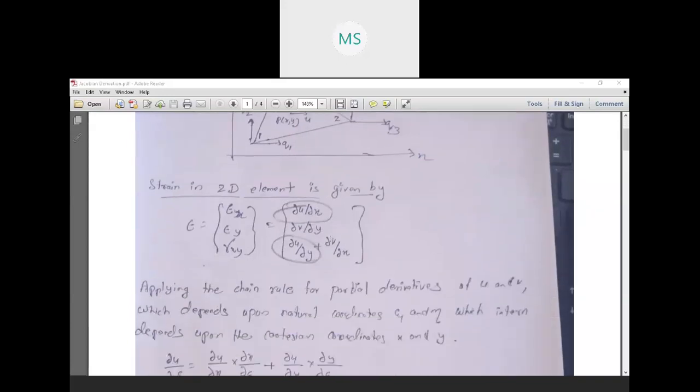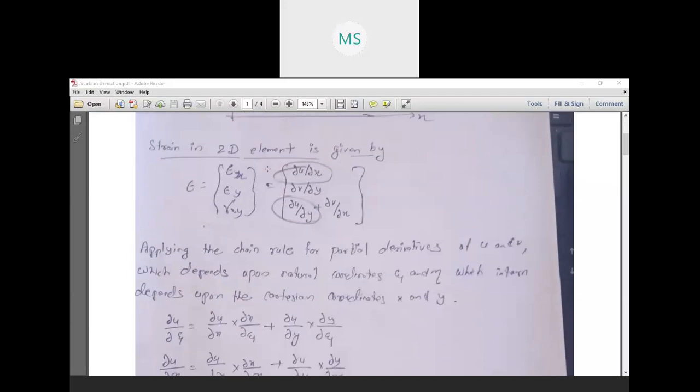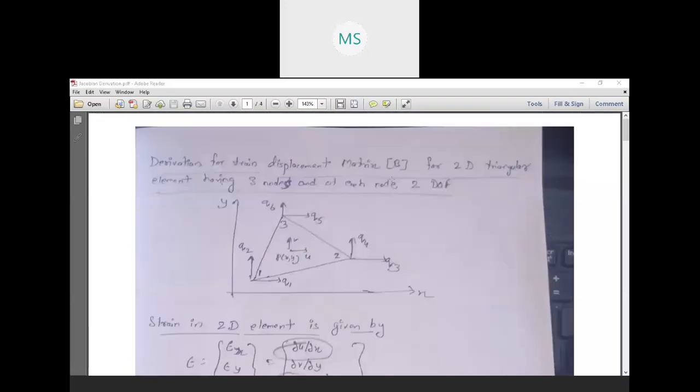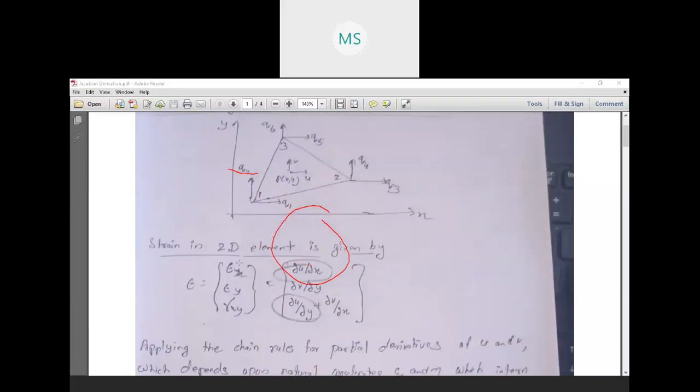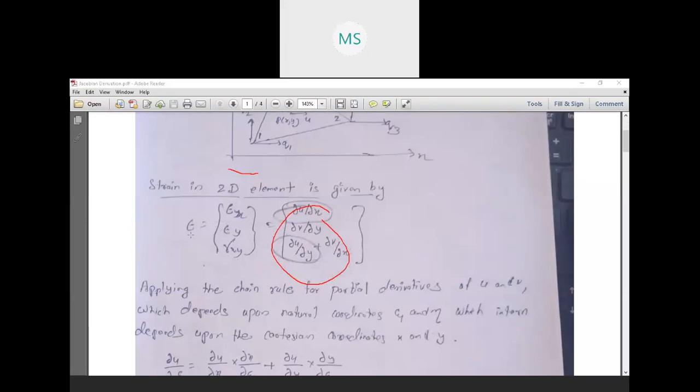Okay, now let us start. Now you can see here, first sentence: strain in a two-dimensional element is given by. So if you want to find the strain displacement matrix, first thing you have to find out is what is strain for this particular system. What is your strain?